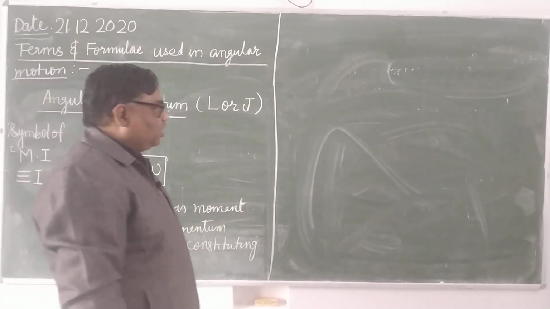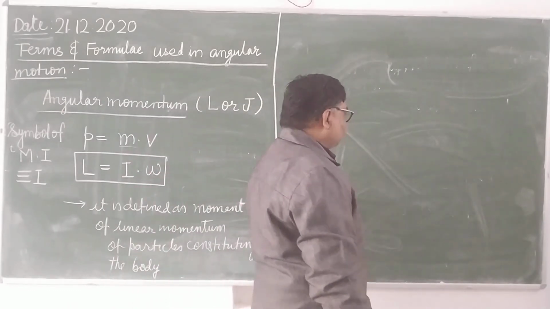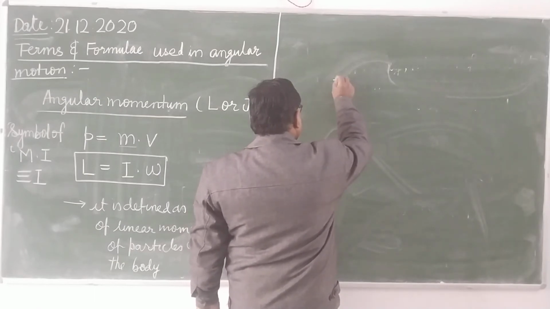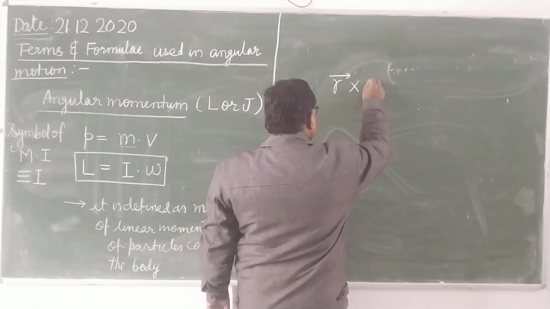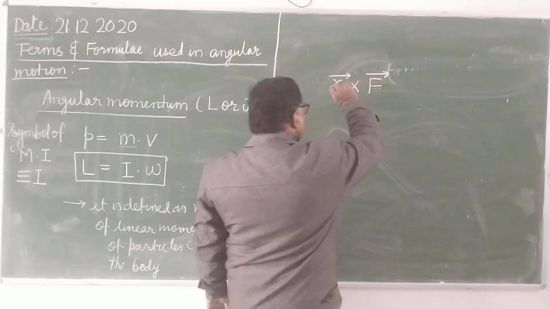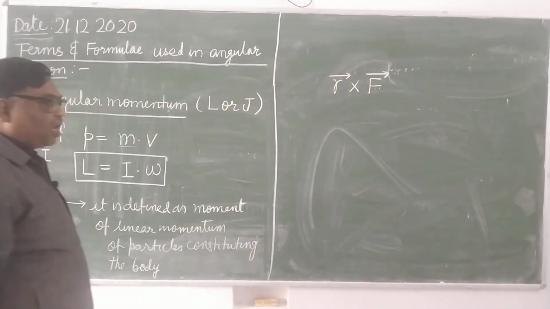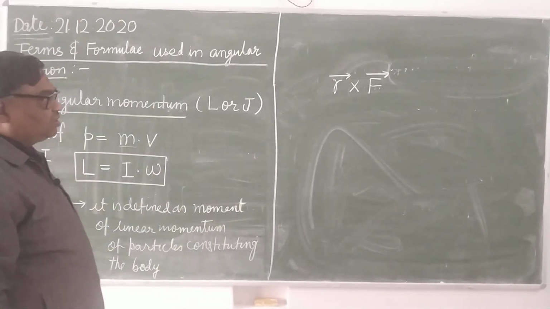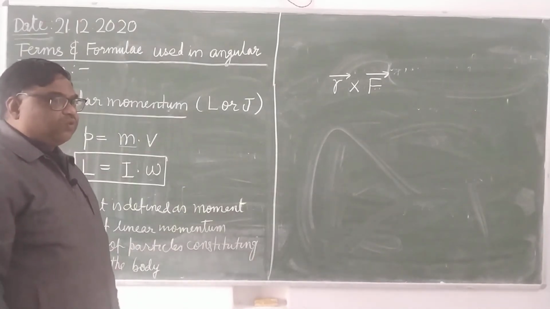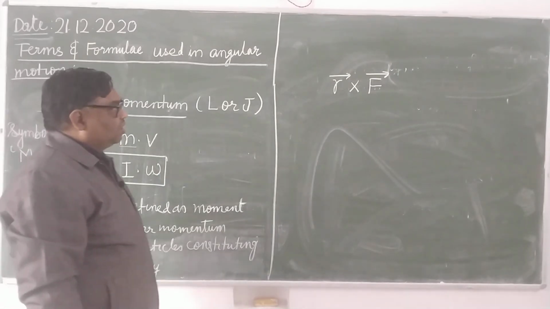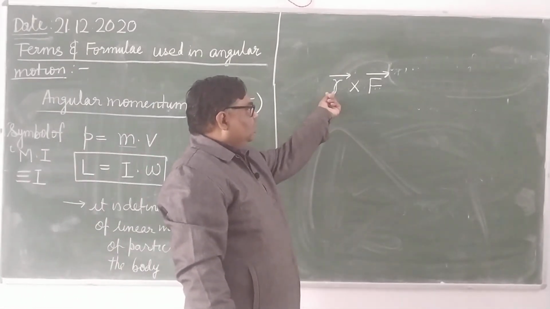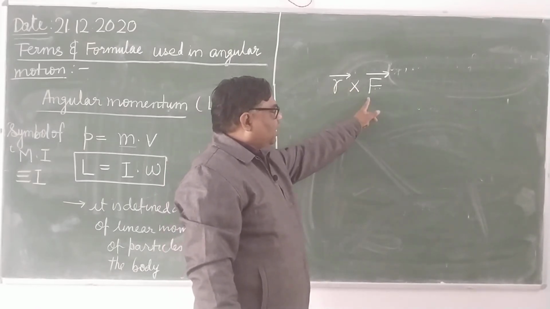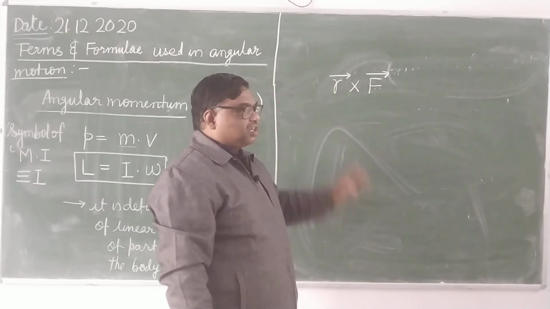So what is the meaning of moment of linear momentum? As you know, moment of force is represented by vector r cross vector F. What is vector r? It is the radius vector of the line of action of force from the axis of rotation, and its magnitude is equal to the perpendicular distance of the line of action of force from the axis of rotation.